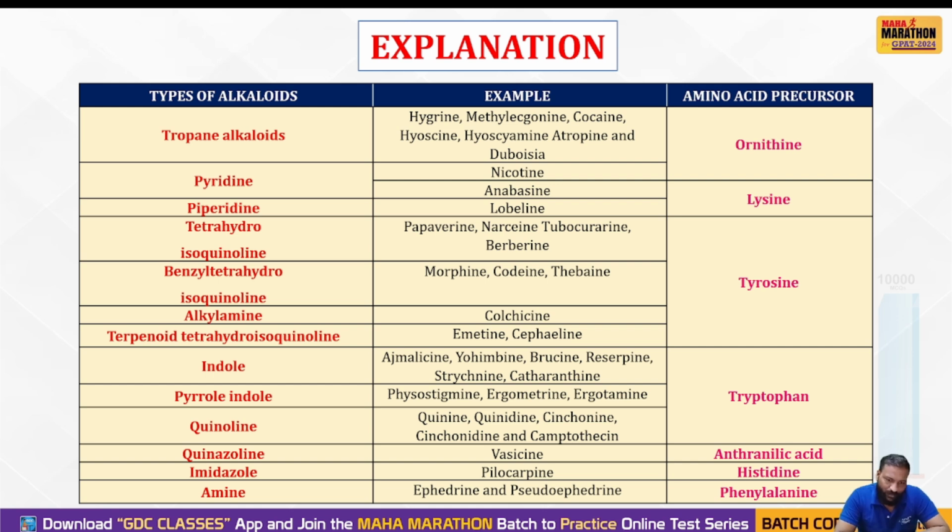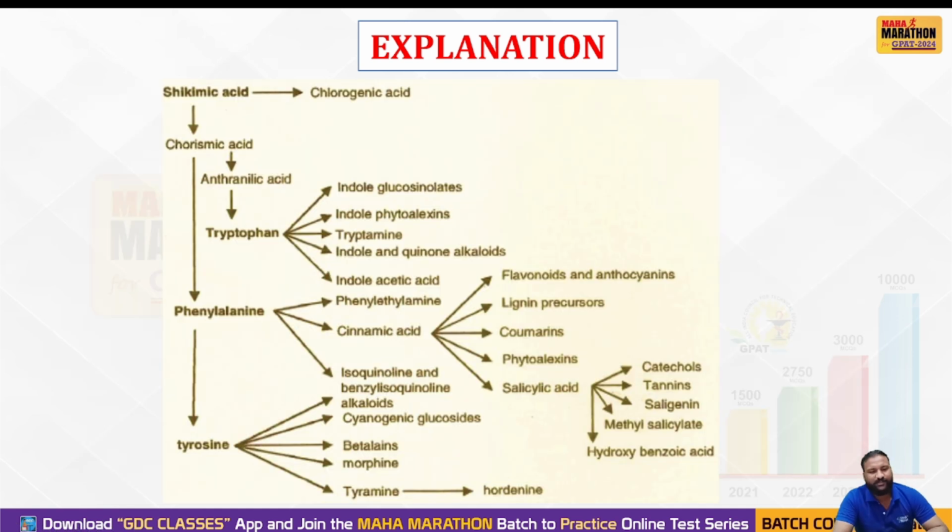For quinoline alkaloids or quinine, the precursor is tryptophan. Quinoline alkaloids are derived from tryptophan as a precursor. Examples are quinine, quinidine, cinchona, all the quinoline alkaloids. Clear? Yes. So this is the pathway from tryptophan to other things.